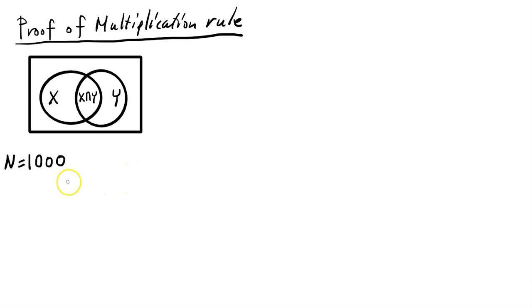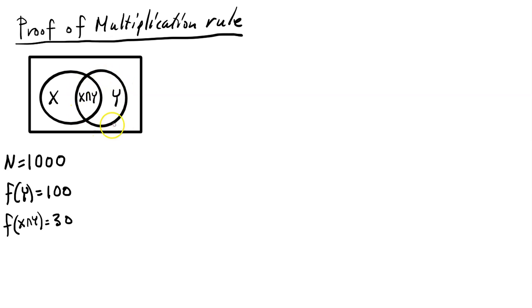And let's say that you have gotten 100 outcomes in Y, and you have gotten 30 outcomes in the overlap. So if you repeat 1,000 times, let's assume that you have gotten 100 in Y and 30 in this overlap.